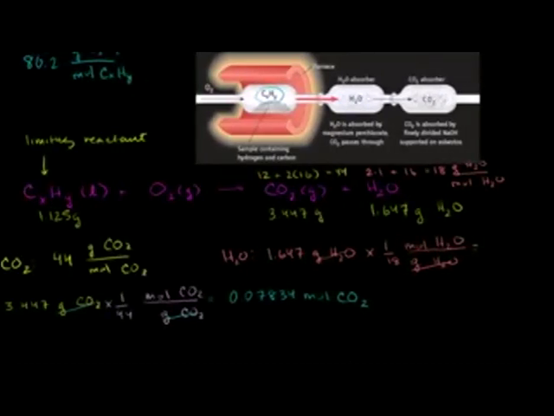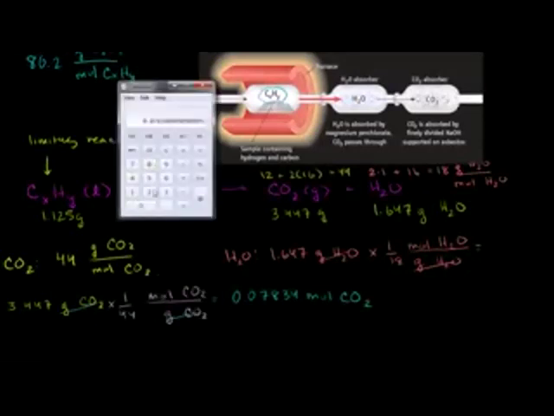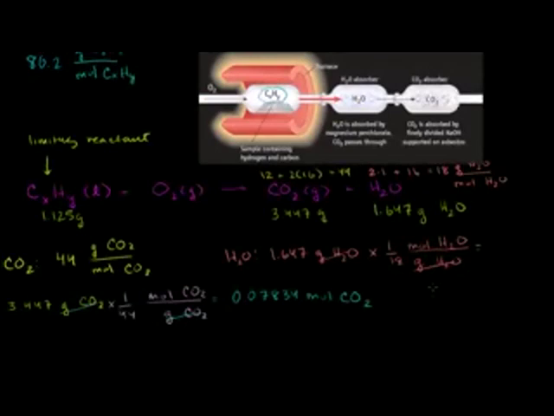Let me scroll over a little bit and get the calculator out. Clear it out. And so we have 1.647 divided by 18, which is 0.0915. So we have 0.0915 moles of H2O. So far we figured out in our products how many moles of carbon dioxide we have and how many moles of water.